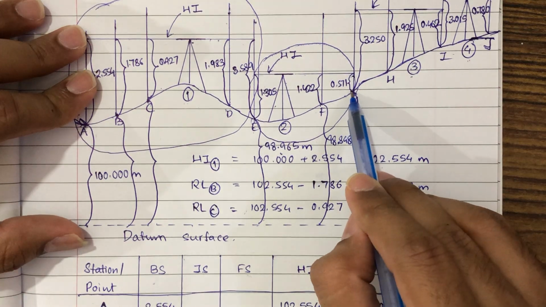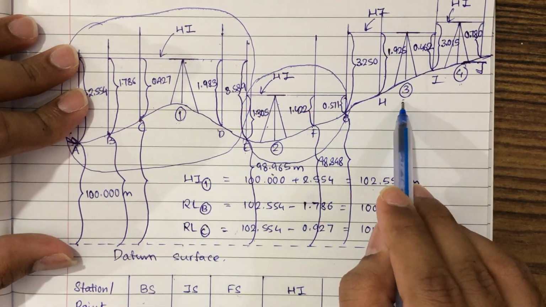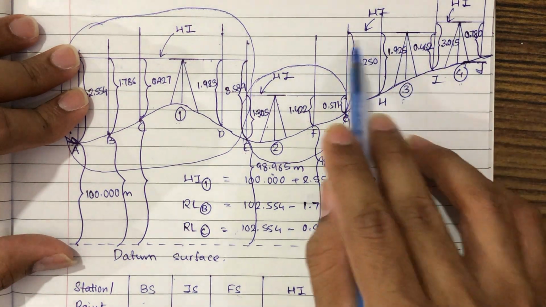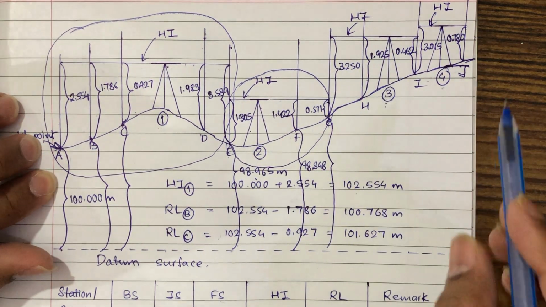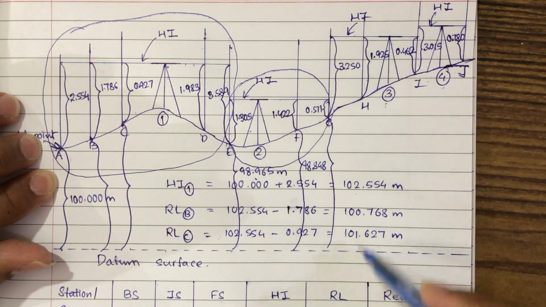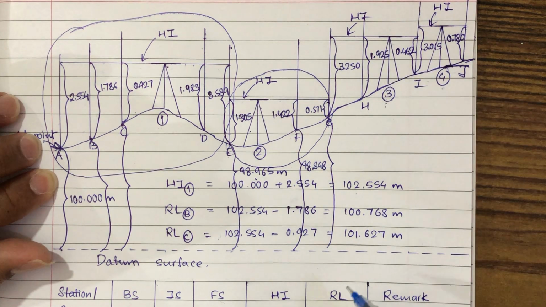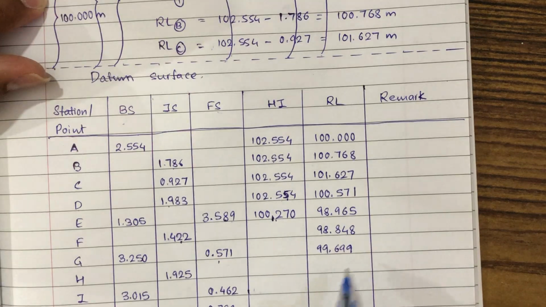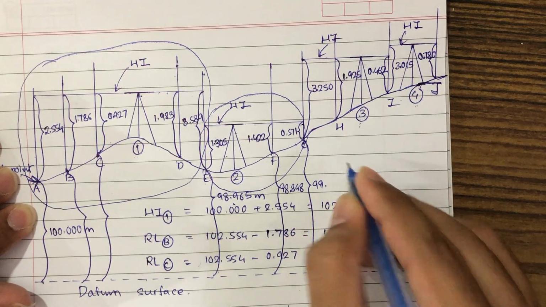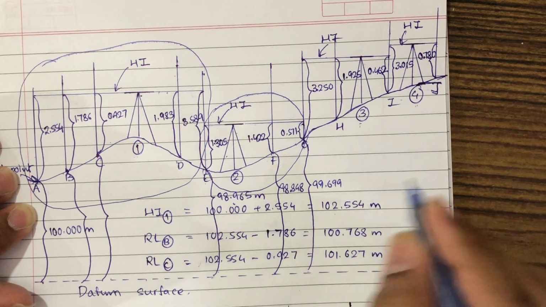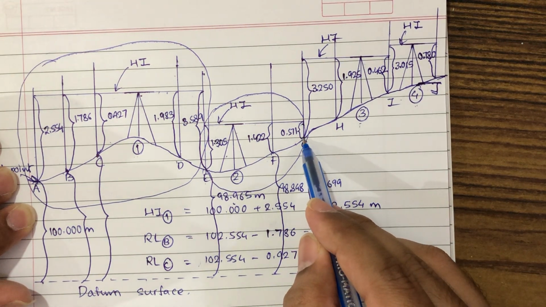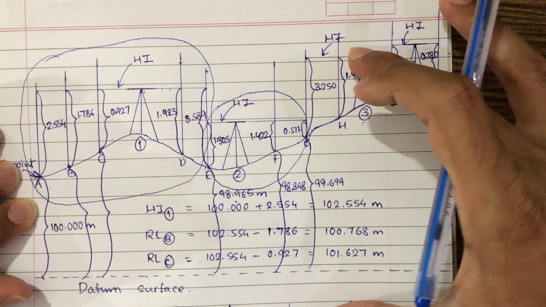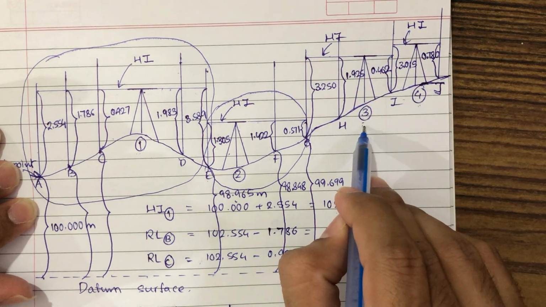Okay. Now, after taking this reading, the instrument changes position to 3. Obviously, when the instrument changed its position, it will get a new HI. This height will be this RL at G, that came out to 99.699. So this 99.699 plus this reading, that is 3.25, will give the height of the new instrument at this position 3.